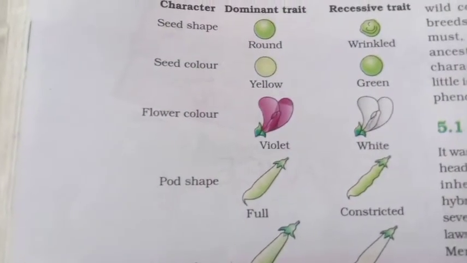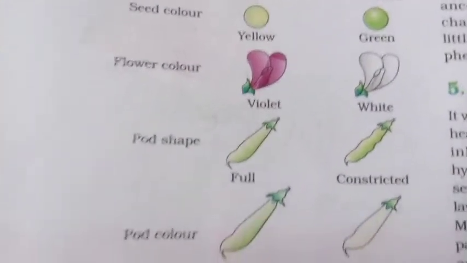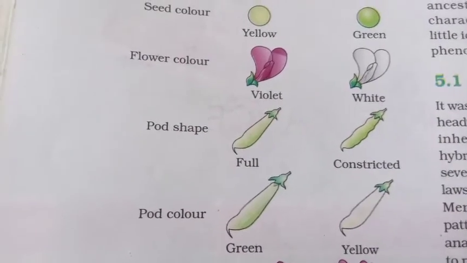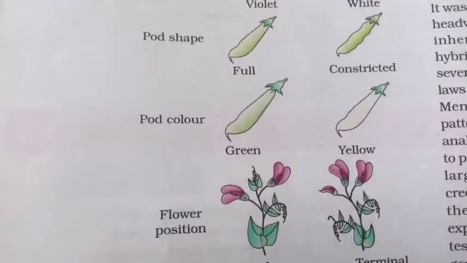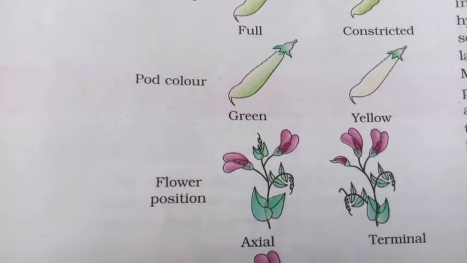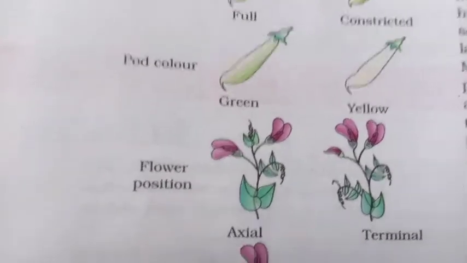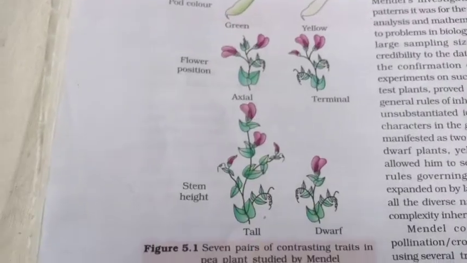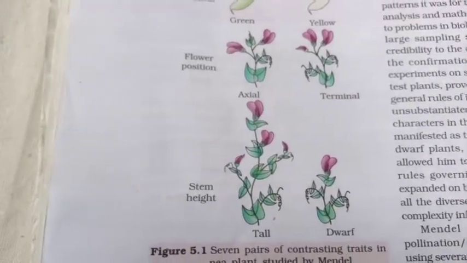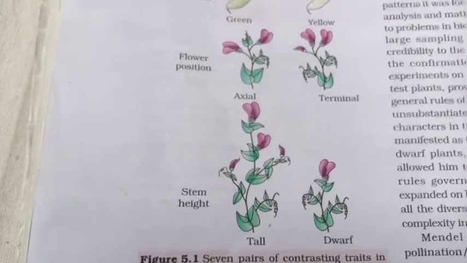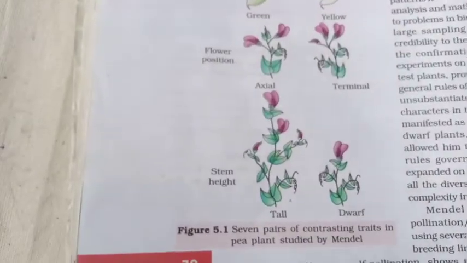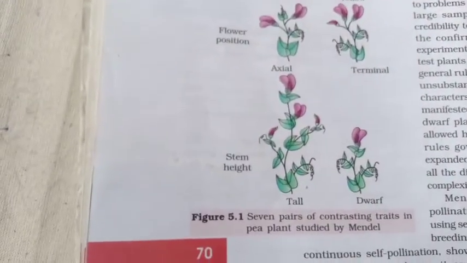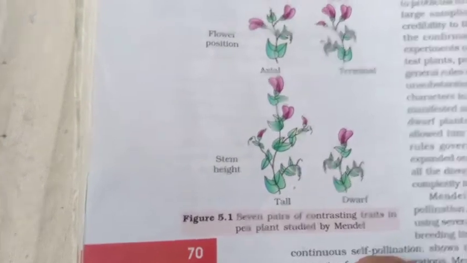Likewise, the pod shape, either full or constricted, and the pod color, either green or yellow, and then the flower position, either axial or terminal, and the stem height that we are familiar with, either tall or dwarf. These were the 7 pairs of contrasting traits in pea plants studied by Mendel.